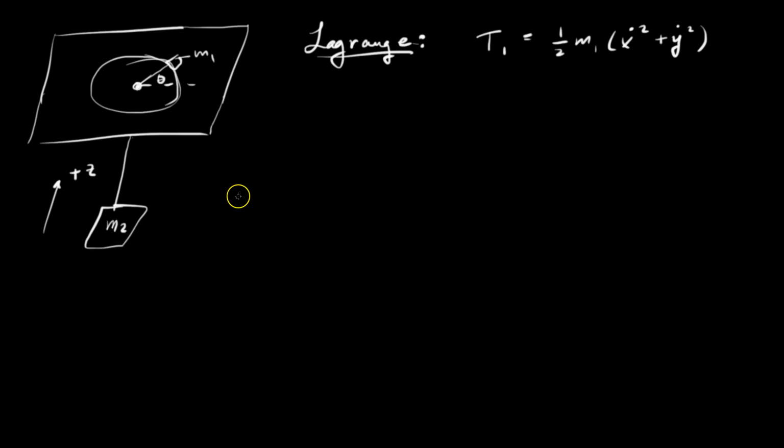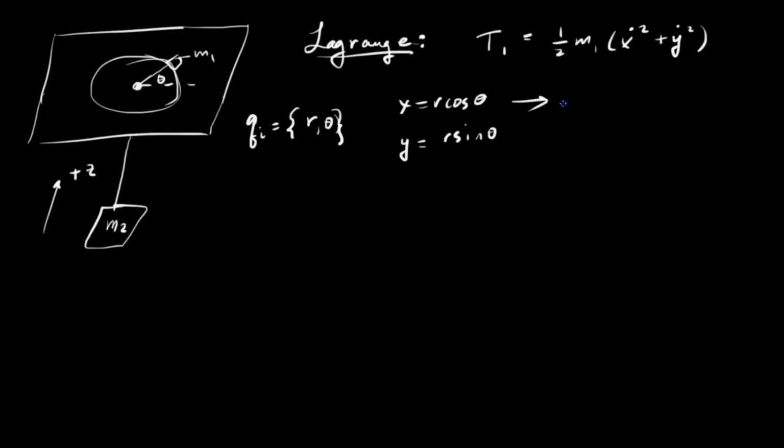We use coordinates that are convenient to us. So our qi is going to be just the polar coordinates, r and theta. And I'm sure you know this, x equals r cosine theta, and y equals r sine theta. Just to reiterate, we're using polar coordinates here because we have circular motion. It's convenient for us. So our generalized coordinates are just going to be r and theta.